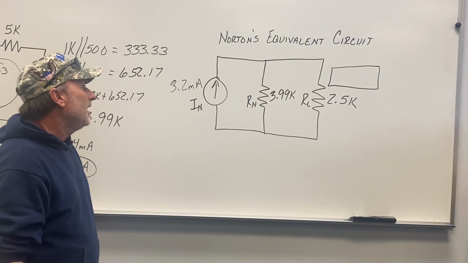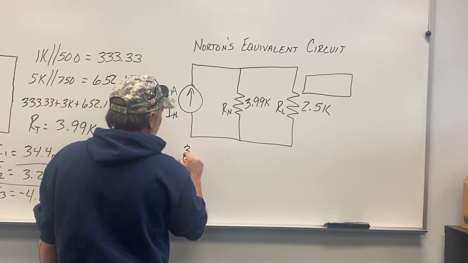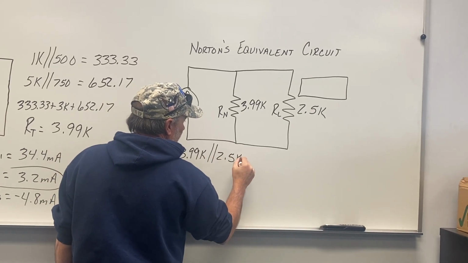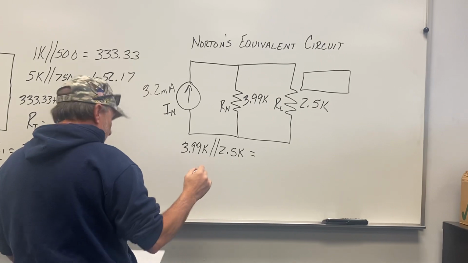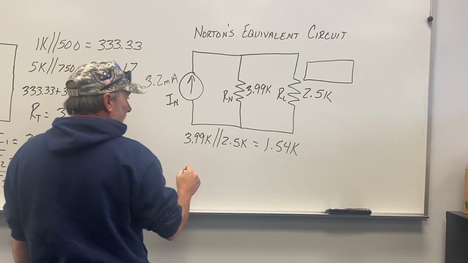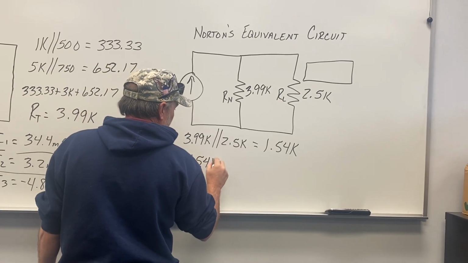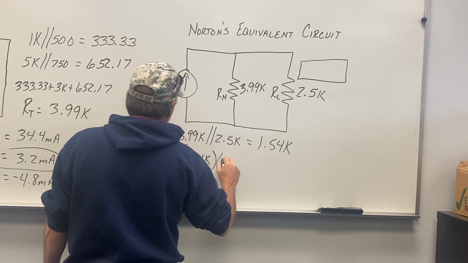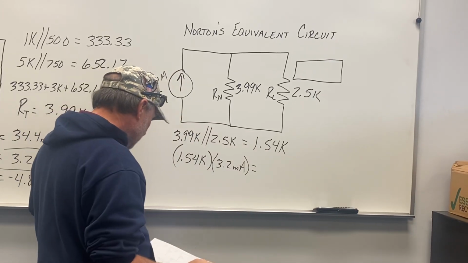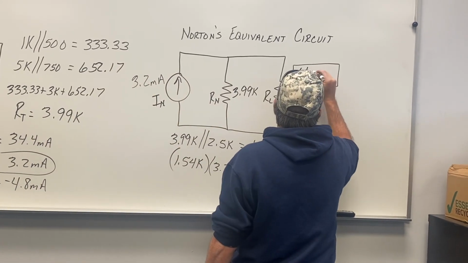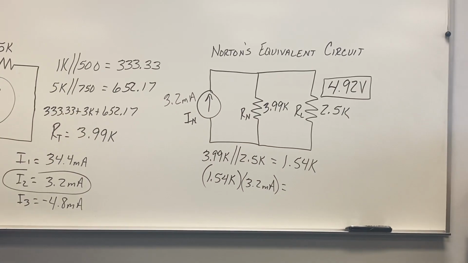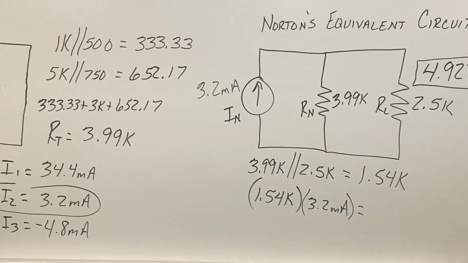The easiest way I see to do this is to put my 3.99K in parallel with my 2.5K, and that gives me 1.54K, and I'm going to multiply that by my I Norton, so 1.54K times 3.2 milliamps gives me a voltage drop across my load of 4.92 volts. That's the ultimate goal, to find that voltage drop across the load. Thank you and have a nice day.